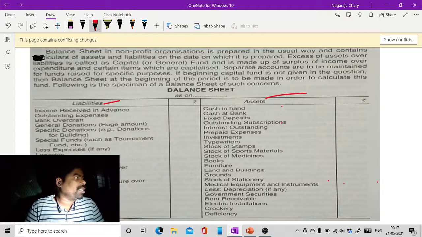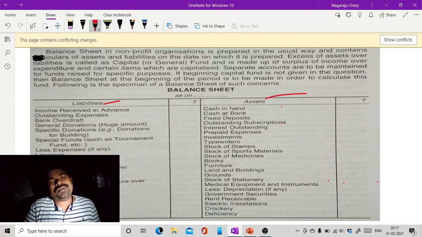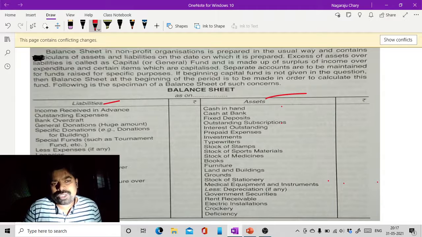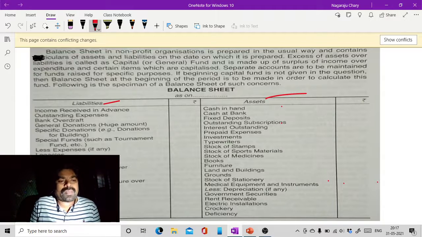We may collect it from various people. So that's why it is called a fund. So here, in non-profit organizations, it is mentioned as capital fund. So you see, this is capital fund.